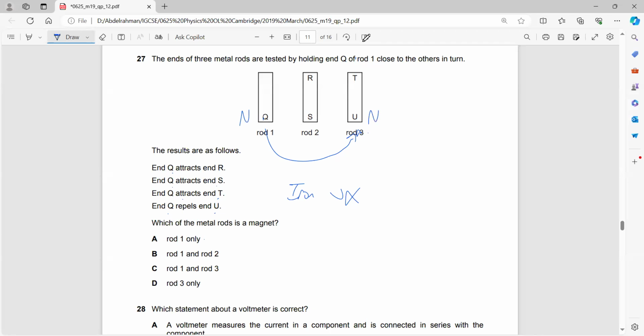This means that rod 1 and rod 3 are both magnets. In order for a rod to have a pole, the rod has to be a magnet. So both rods are now repelling, meaning that both rods are magnets. Rod 1 and rod 3 only, and that's it.